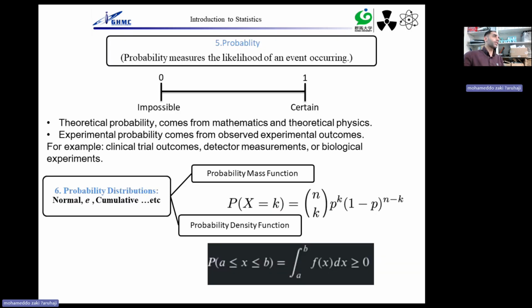Now this is, for a medical physicist or for a physicist in general, a very big topic. If I explain this one, we will never finish. It's an endless topic, a very important topic. It's called probability. I am not going to explain all the details.